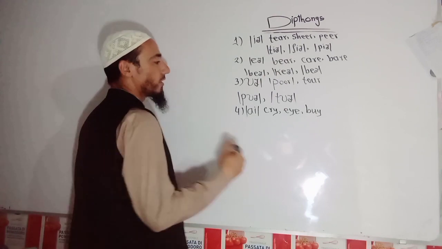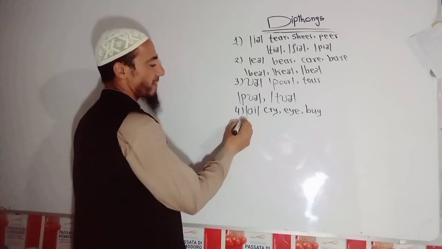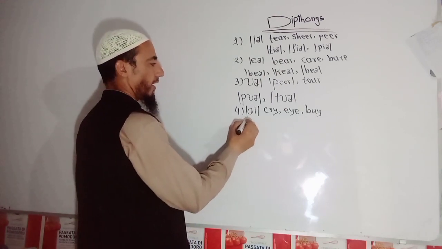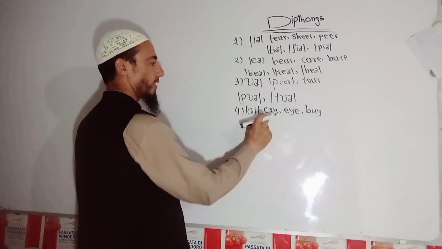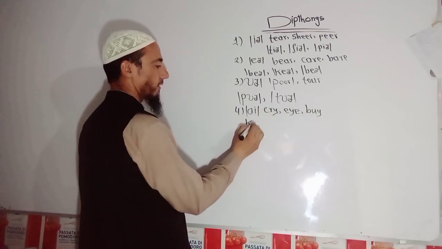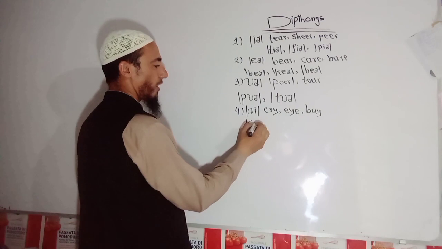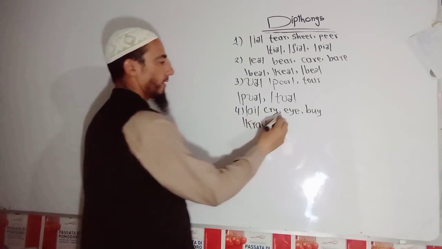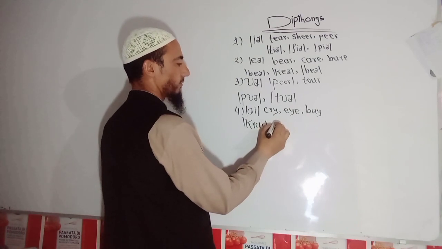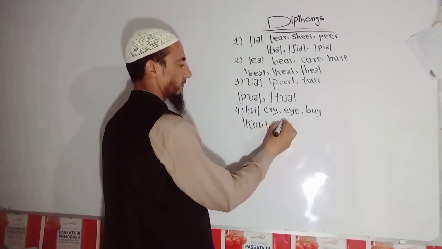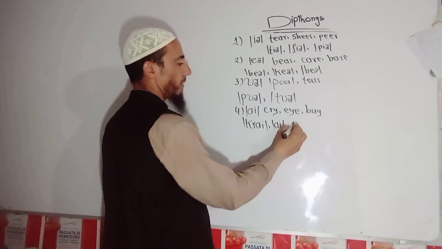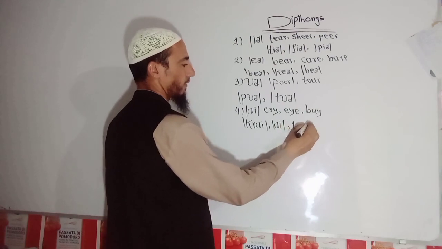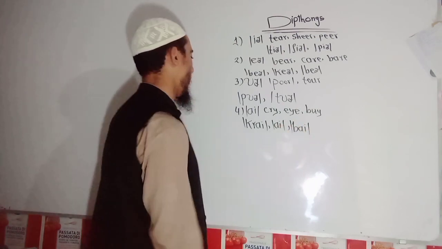Changing them into phonetic transcription would be in this way. I'm changing the first one, cry. Yes, cry. Okay. Then I. And the last one, buy. Okay.